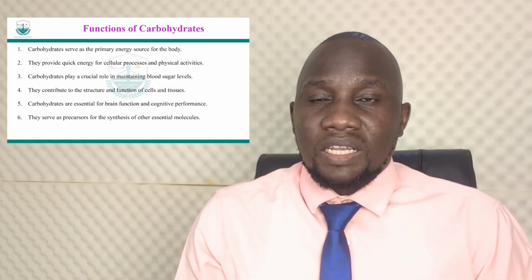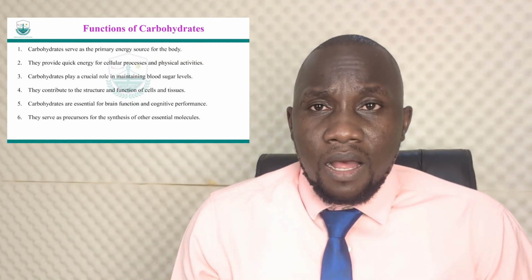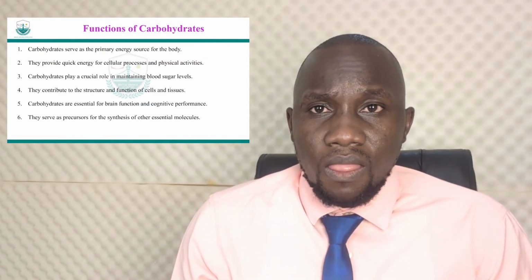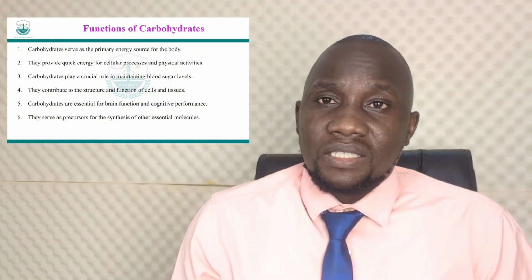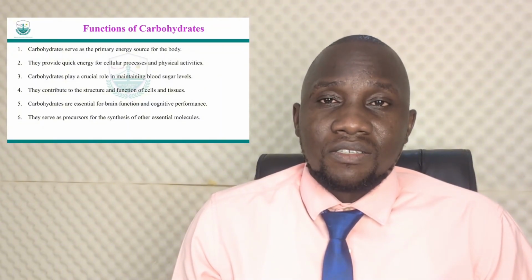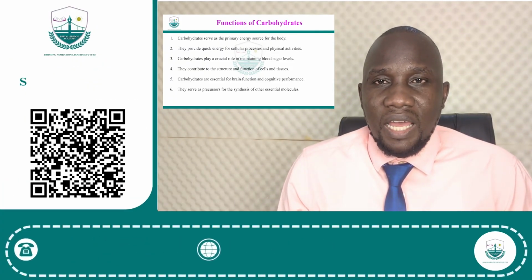That means that carbohydrates play an important role in the regulation of blood glucose levels. Like I said, carbohydrates also combine with other components, for example proteins, to give us glycoproteins. So where do we get these glycoproteins?